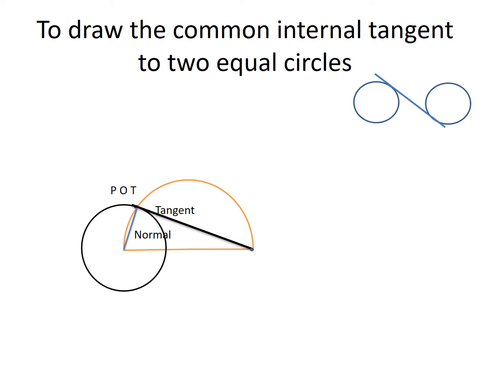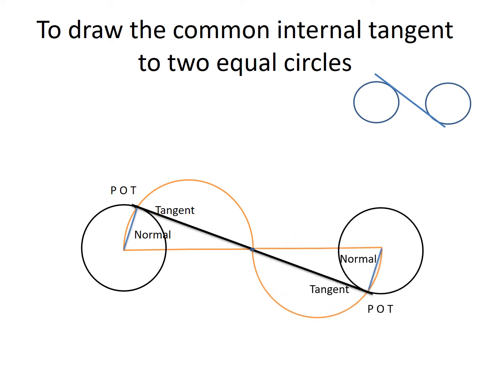Now, if this is from a point to one circle, if we put the point in between the two circles, or midway between the two circles, and repeat the construction, then we will get the tangent passing in between two circles.